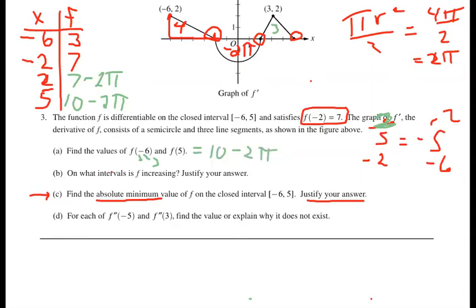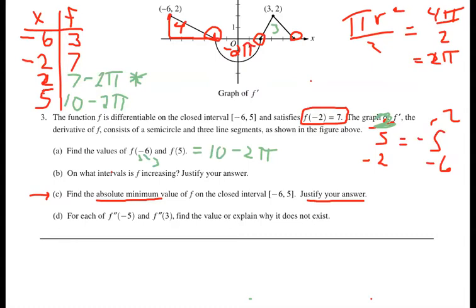And I'm going to go ahead down here and solve the absolute minimum. So I want to find the minimum value of this, which would be right here, because pi is 3.14, so 7 minus 6.28 is the smallest value.